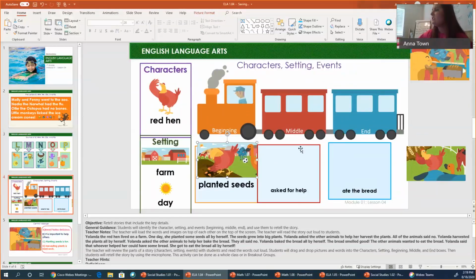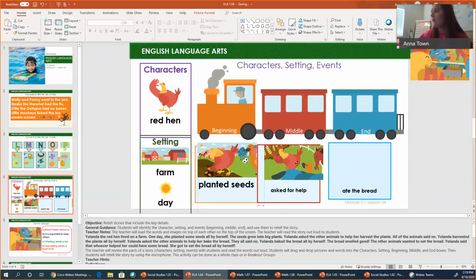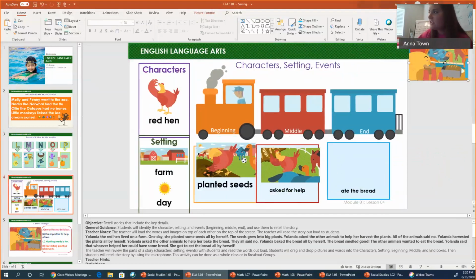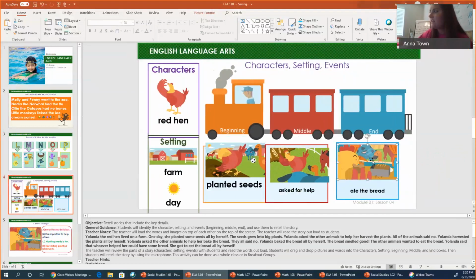In the middle, what did she do in the middle? I see some wheat right here still in the ground. It is, she's asking for help from her friends to help pull the wheat that she had planted. And at the end, Miss Red Hen, she is eating the bread. And look at them staring at her. They didn't help her do any of the work.